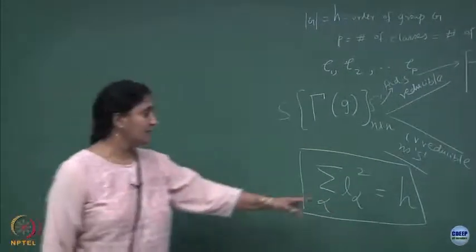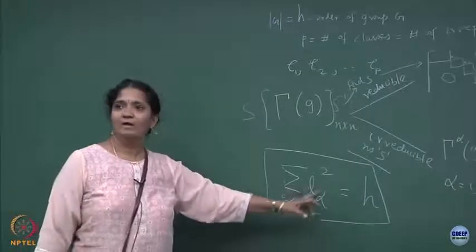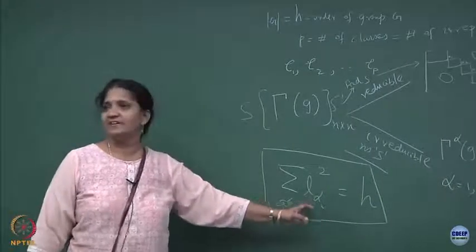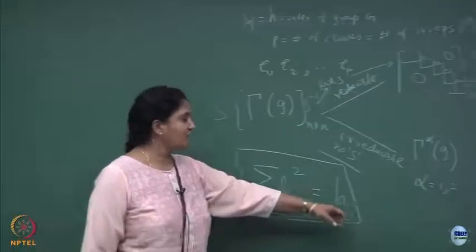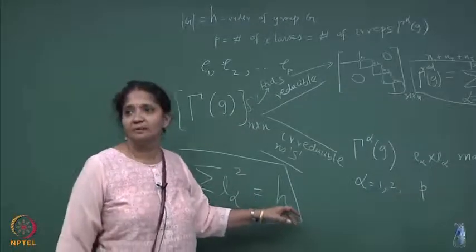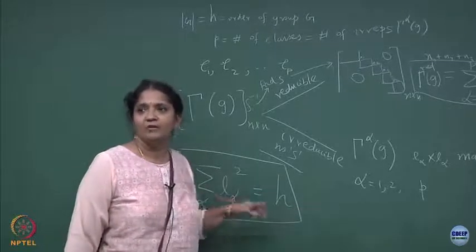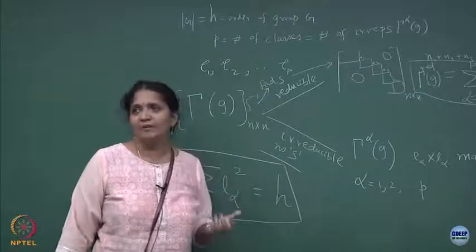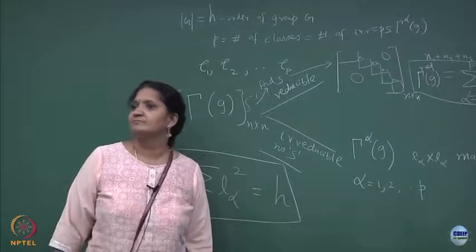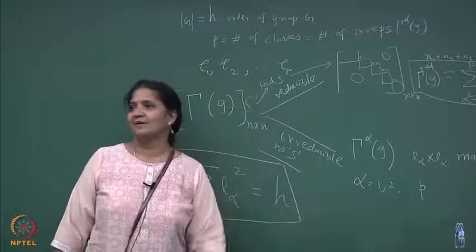So, L alphas are integers, and squares of those positive integers are constrained by the number of elements in that group, and it is a very easy problem to find what those integers are. There will not be more than one solution. Okay, there will be only strictly one solution.